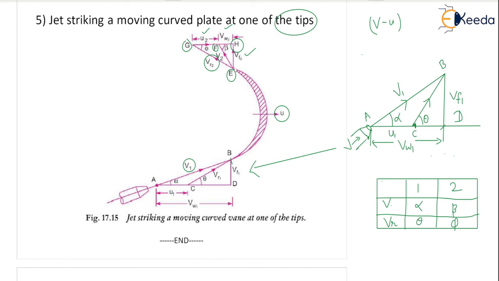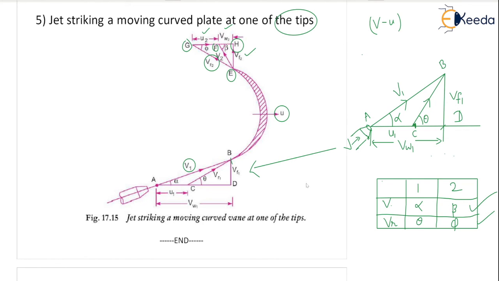So V2 plus U2 will give you VR2, correct? This is angle beta, the main velocity making angle beta, and the relative velocity phi, as per this table also we can see. So this is how we can make the triangle.